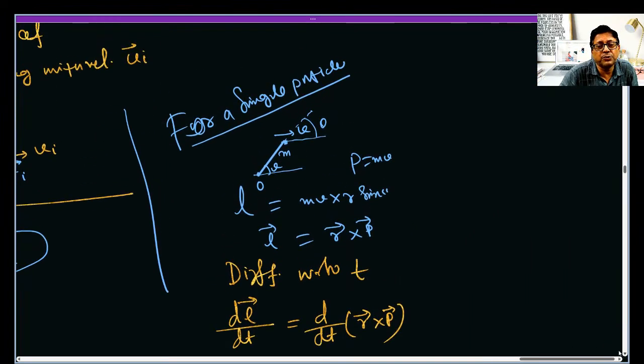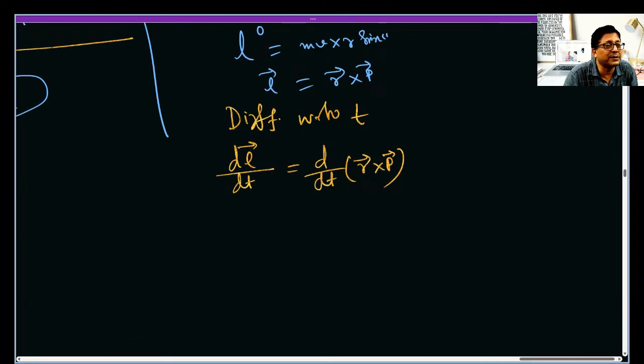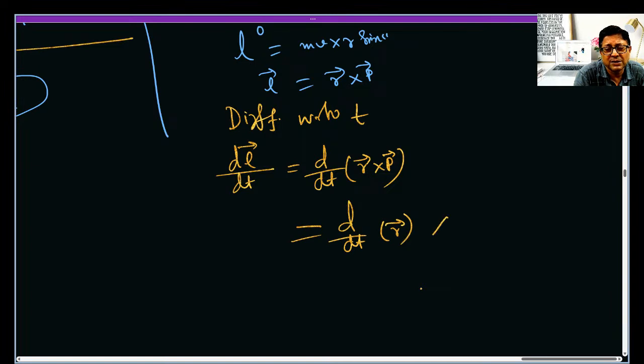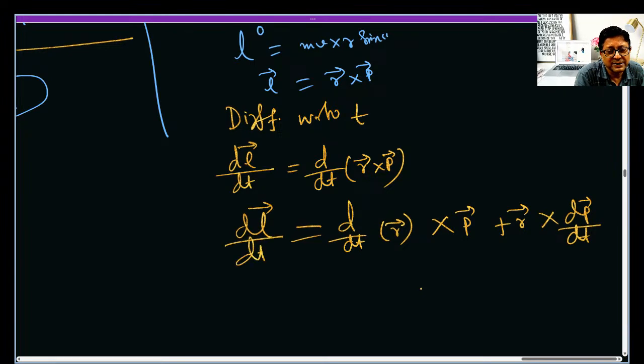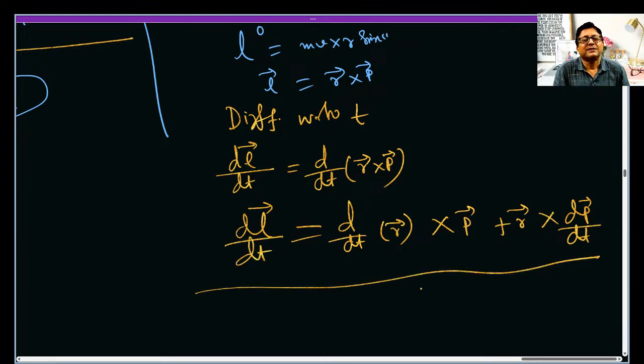So this definition you have understood. Now we are differentiating with respect to t. Both are variable quantities on the right side. You write d/dt of r cross p, plus r cross dp by dt. Clear? Just the product rule of differentiation. What is dr by dt?